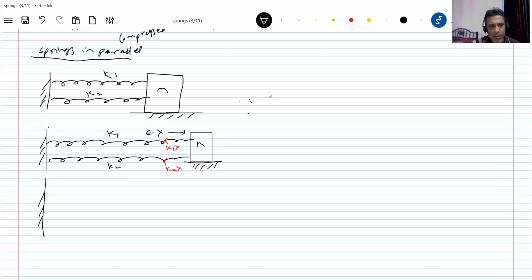So what I'm trying to do is, if there are two springs, can I replace them with one equivalent spring? So now, what is the elongation? Let it be x. How much is the acceleration of the block here if this spring also provides the same acceleration?